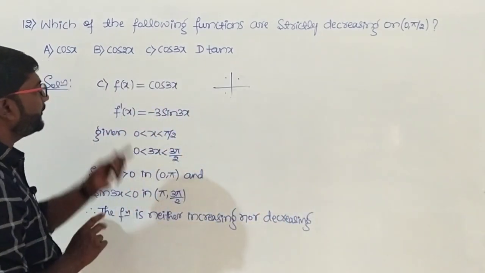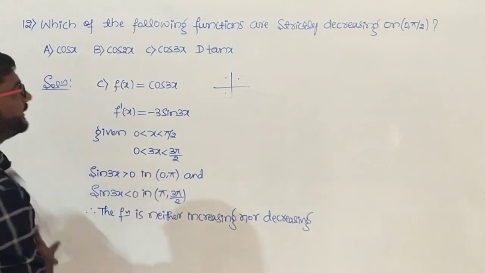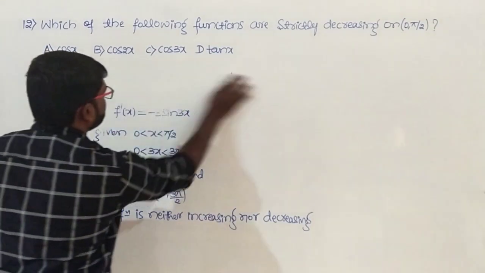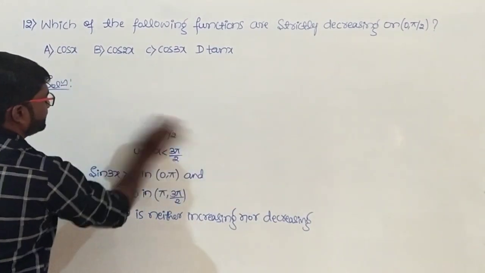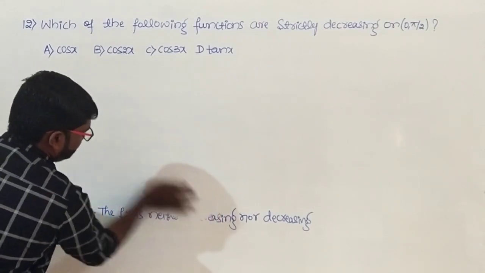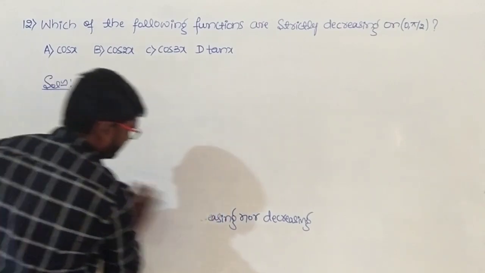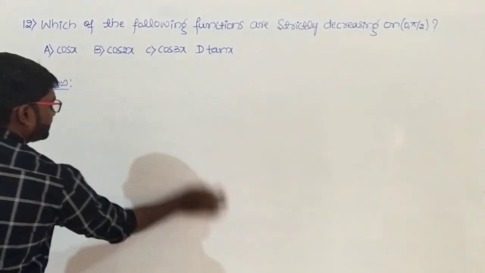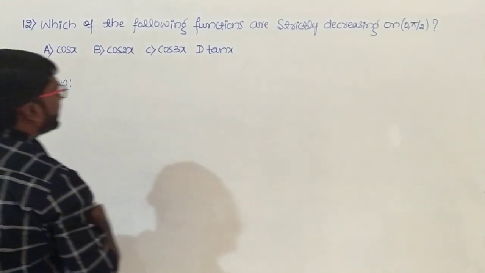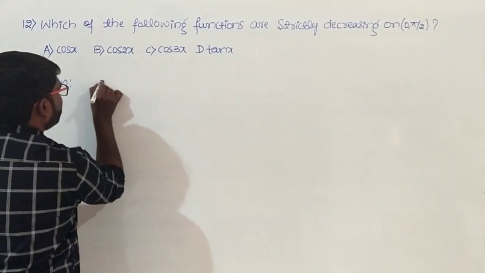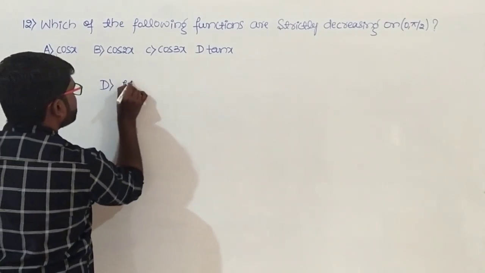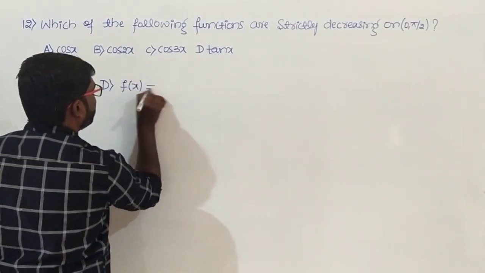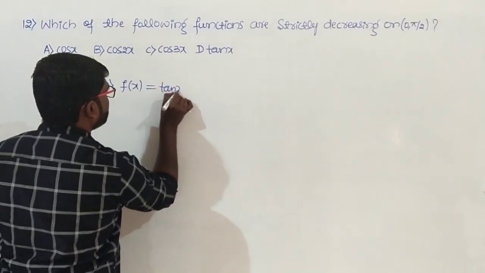Next we will move on to the last case, that is D. It is tan x. So take up the last one, D, f of x which is equal to tan x.